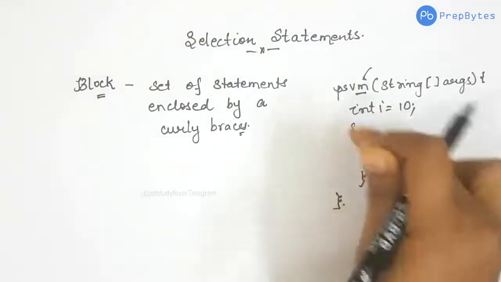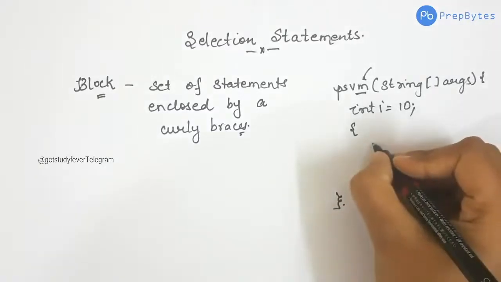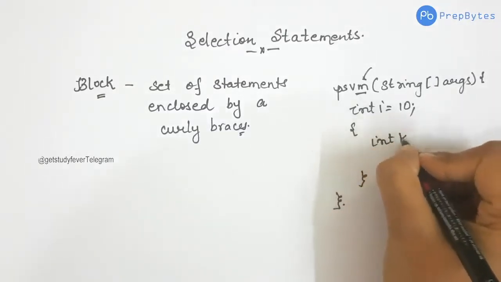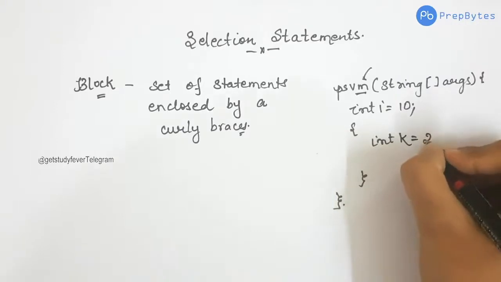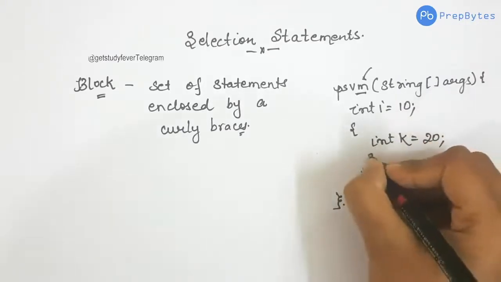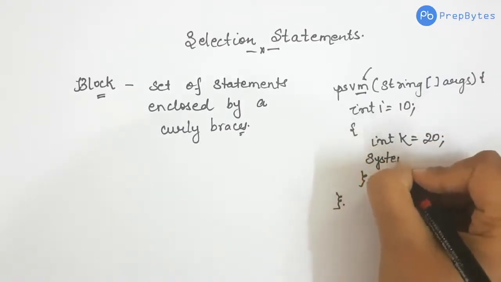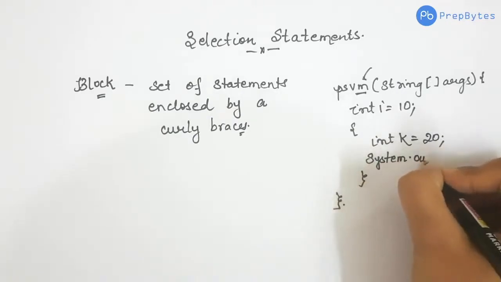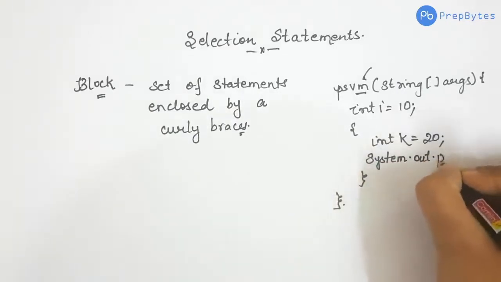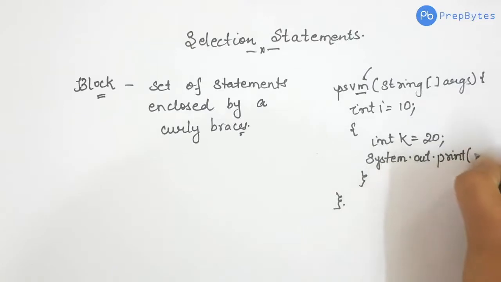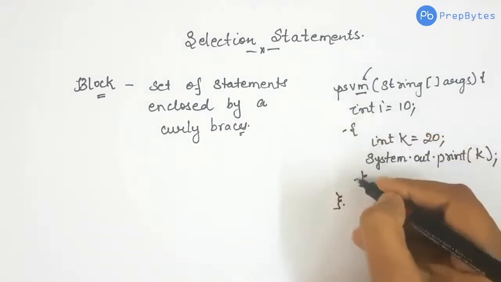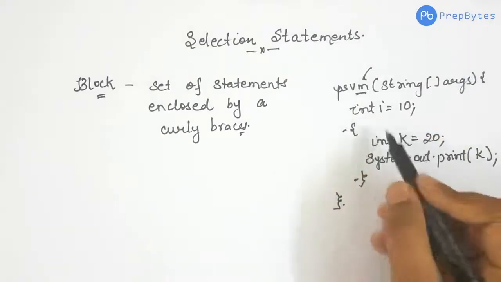Let's say I put one more curly braces, and define here int k equal to 20, System.out.print k. Now this is one block.